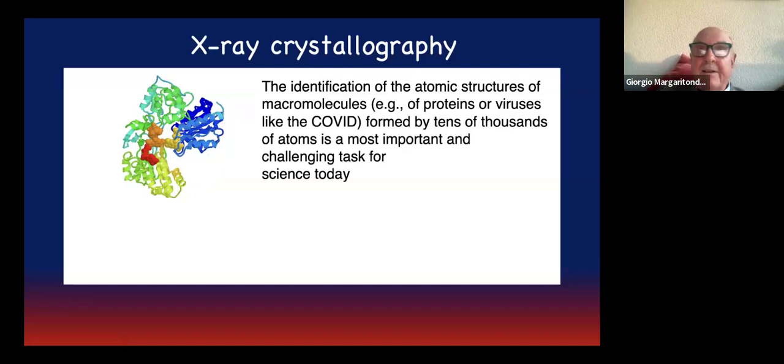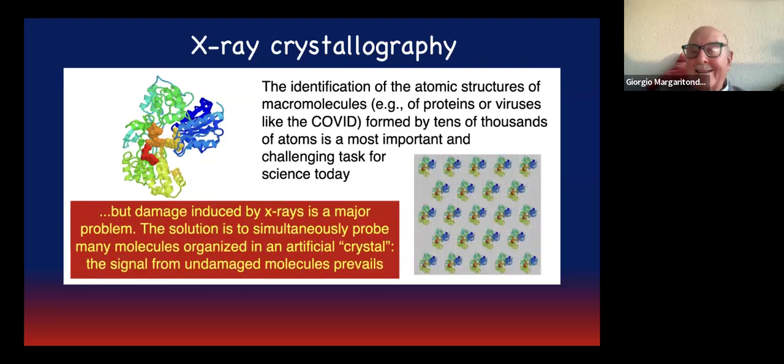And therefore, you can have a distorted kind of result. The problem is now being solved by performing the experiment not on a single molecule, but on a collection of molecules organized in space as a crystal. So you need to crystallize the molecules.